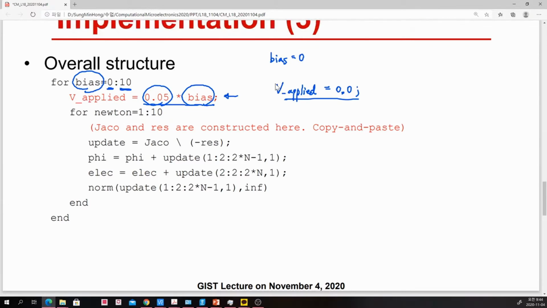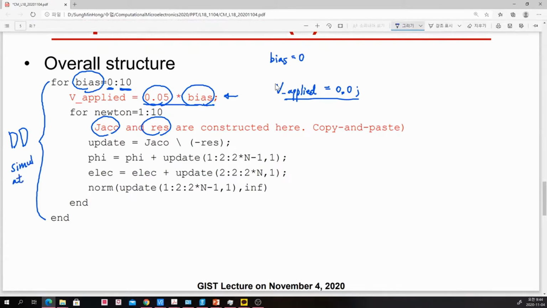After that, we will have Jacobian and residue construction. Then where should we have the initial guess generation? So please note that this is a drift diffusion simulator.